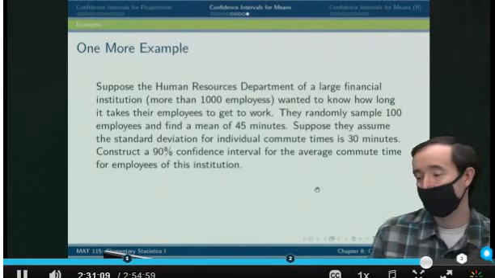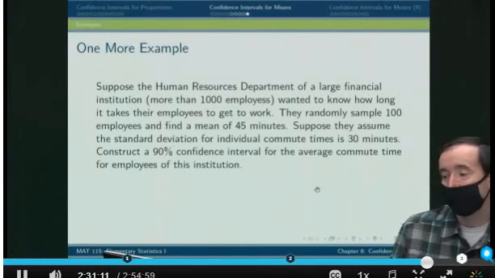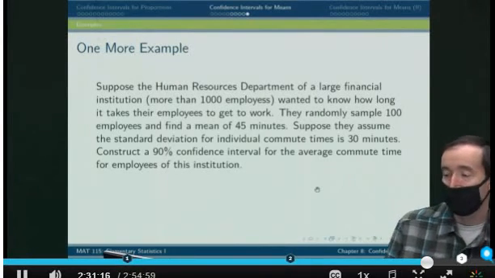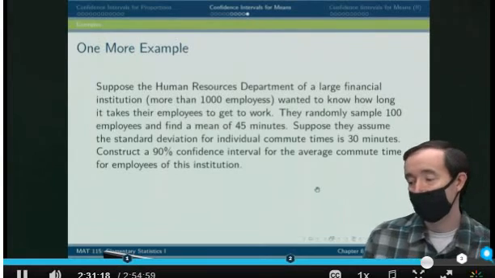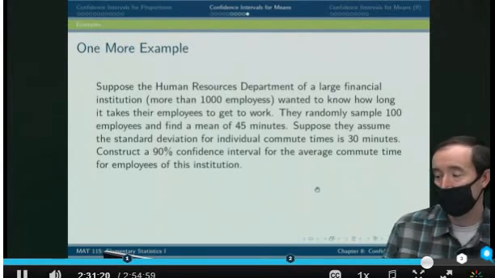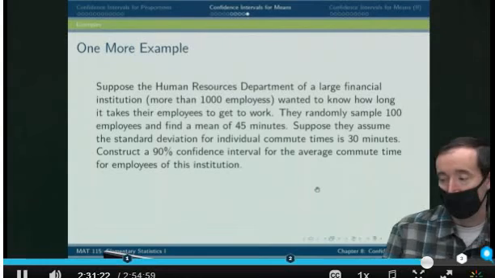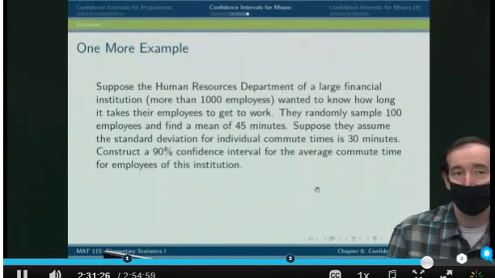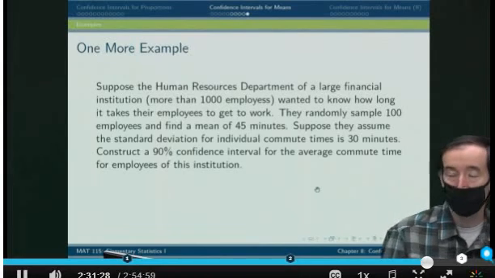They randomly sampled 100 employees and find a mean travel time of 45 minutes in that sample. Suppose they assume the standard deviation for individual commute times is 30 minutes. Can we construct a 90% confidence interval for the average commute time for employees of this institution?